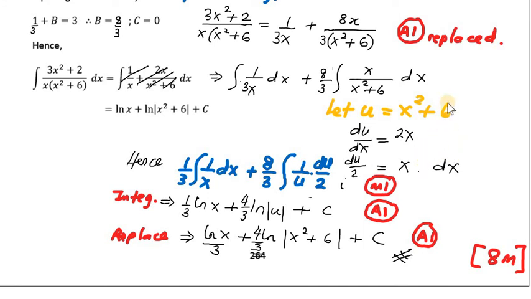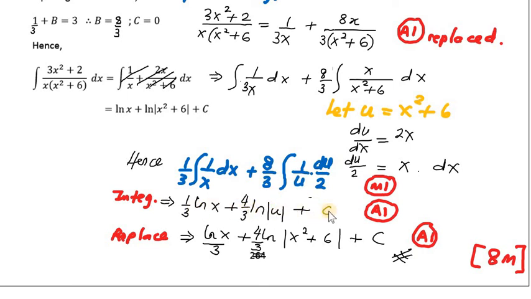Starting with replacing u as x squared plus 6, and you get the x. So you have to get everything in terms of u. So x dx is actually du over 2. And hence, as we replace it, we get 1 over u. 4 on 3, 1 on u du, the integral of which is ln u.